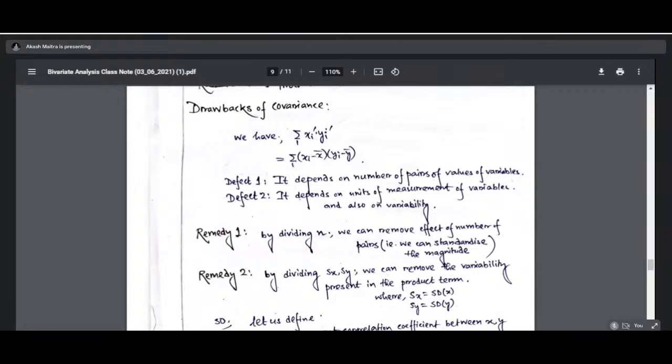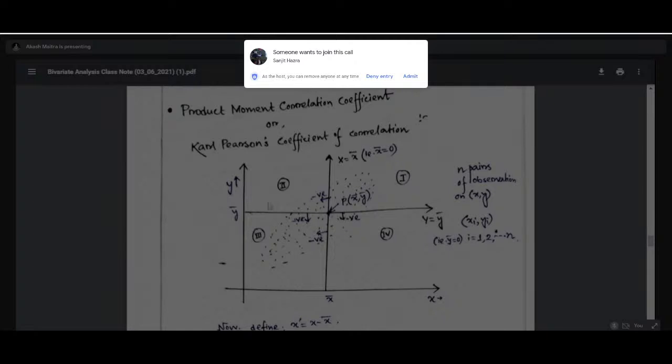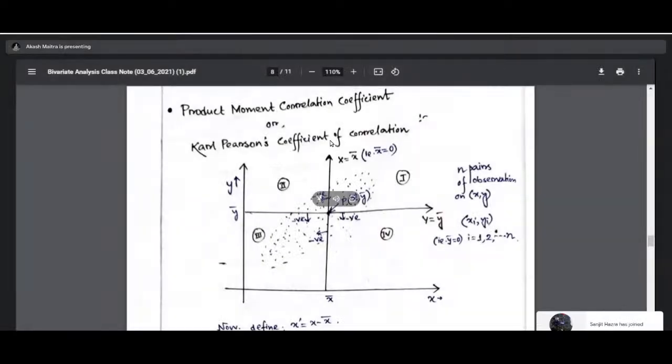So why are we doing that Rxy part? From the scatter diagram we get an idea whether it is linear or non-linear, positively linear, and so on, but we cannot get any further idea from the scatter diagram. That's why we have to do the product moment correlation coefficient. Like in all types of statistical measurements, we are not only limited to diagrammatic presentation, we have to do analytical presentation and further analysis.